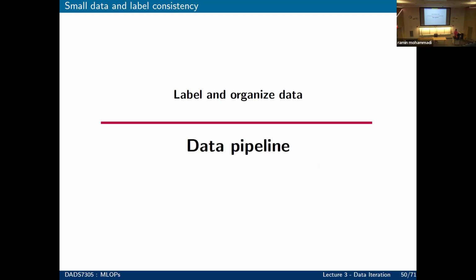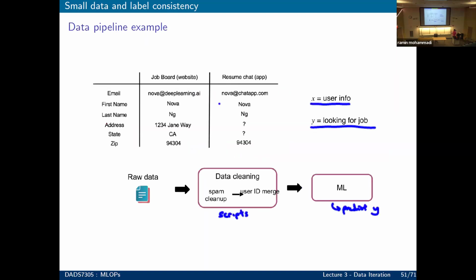Now, the next thing is kind of like the concept of a data pipeline, but first we're going to talk about the organizing. So let's say you have a website, the column on the left, job board. Okay, that's a website. And there is an app for a resume.